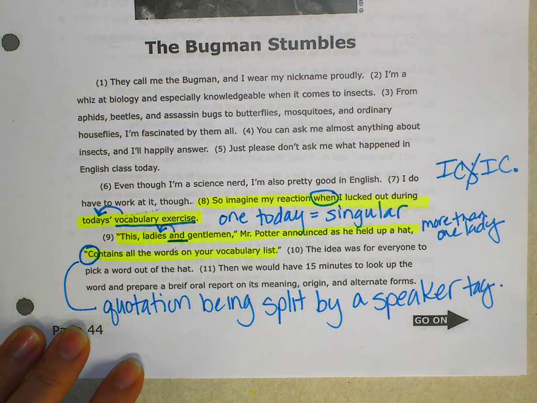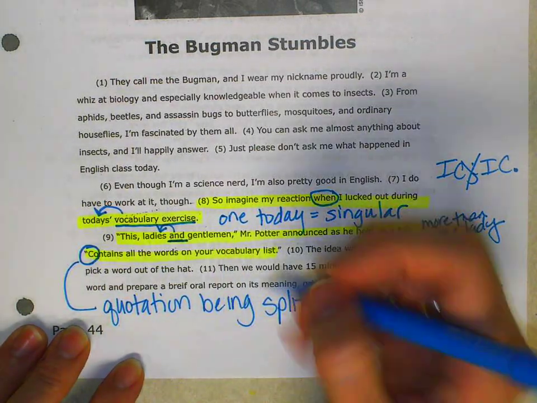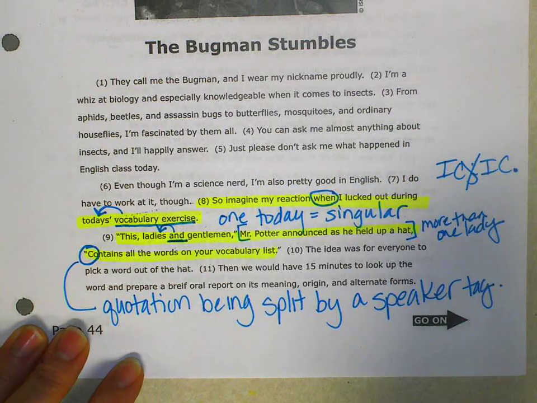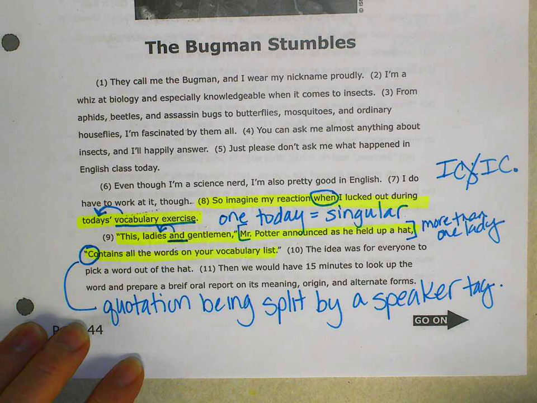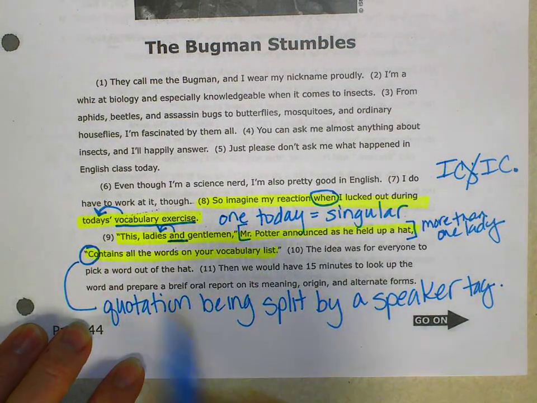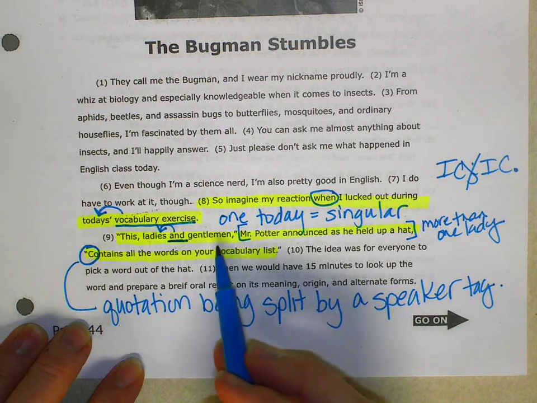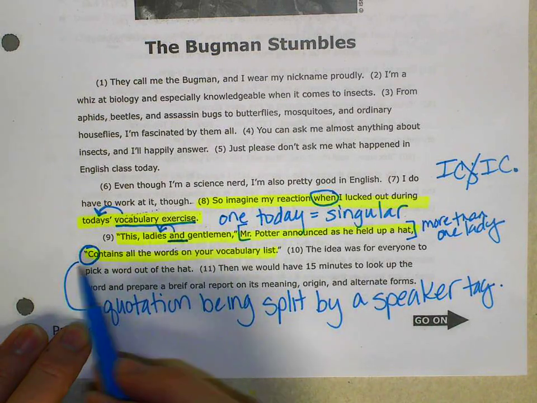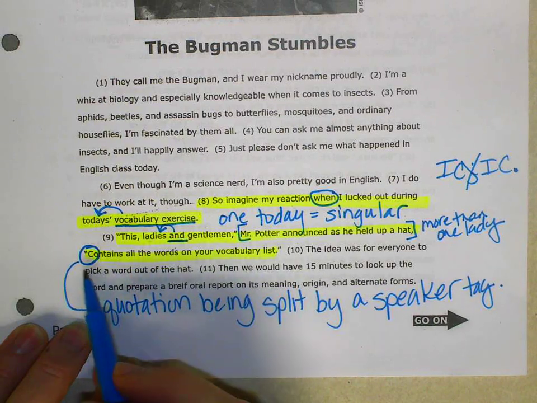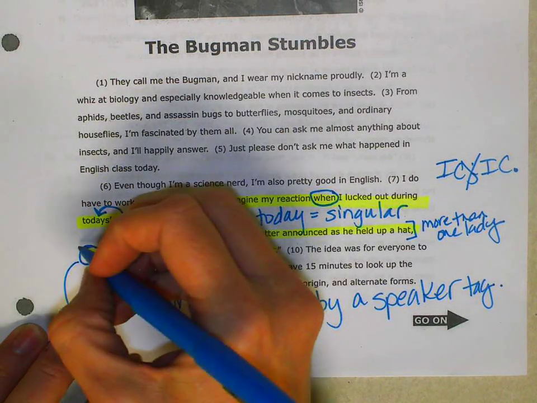That's one sentence. My speaker tag is here, Mr. Potter announced as he held up his hat. That's just splitting my sentence in two. So if I have a speaker tag in the middle of the sentence, this is not a new sentence, it's just a continuation of this sentence, I do not capitalize this.